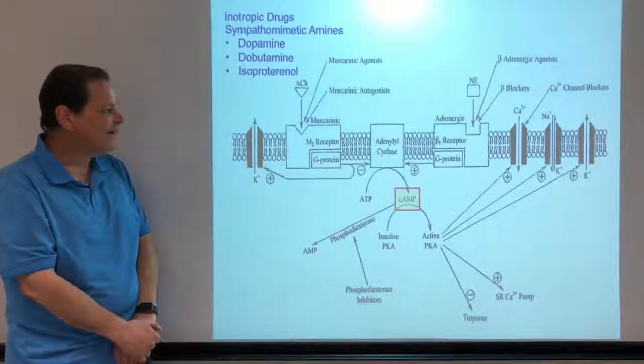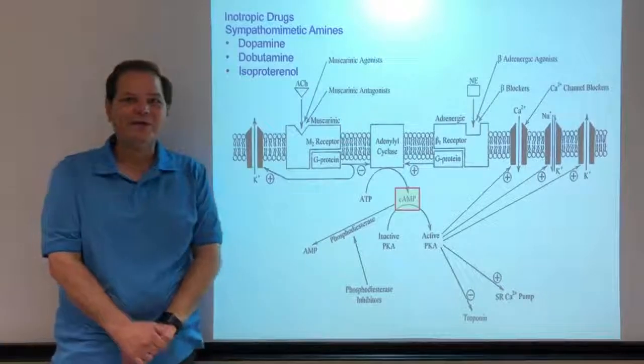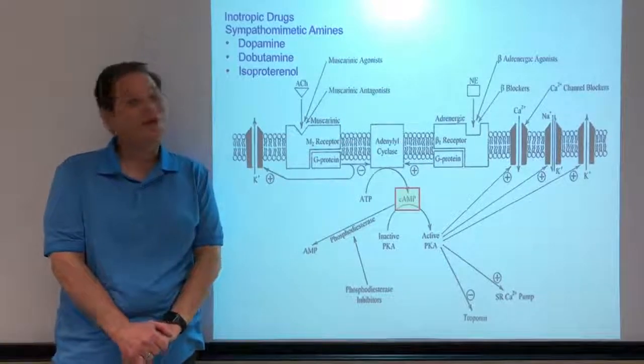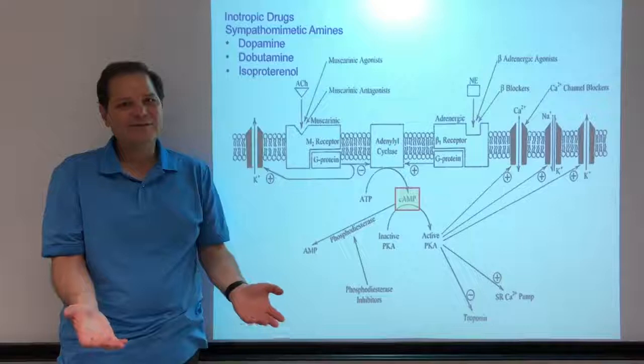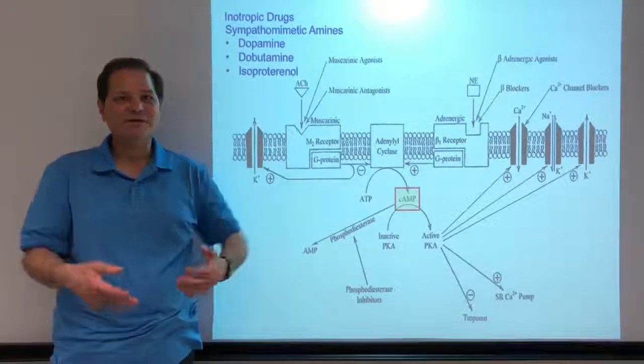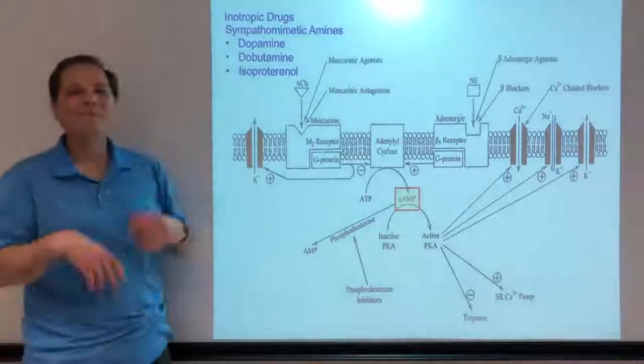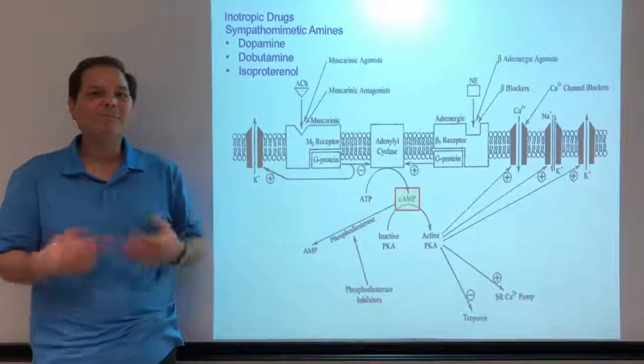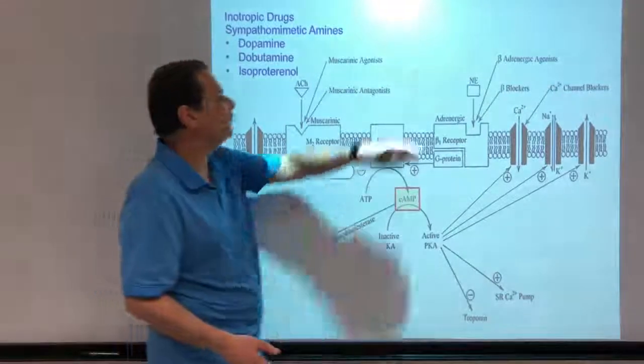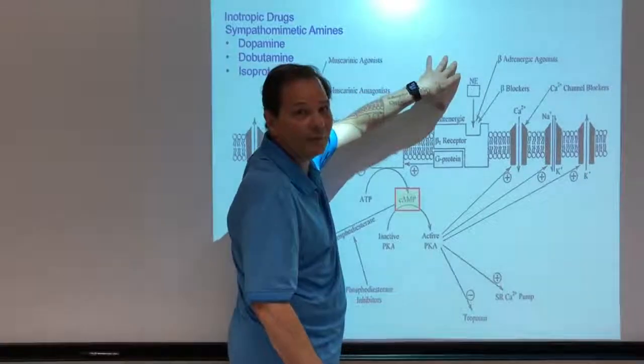So the way that these drugs and most of the other drugs that act like them work is they increase calcium in the cytosol during contraction, and therefore they increase the force of contraction. The sympathomimetics do that by mimicking the action of norepinephrine on the heart.